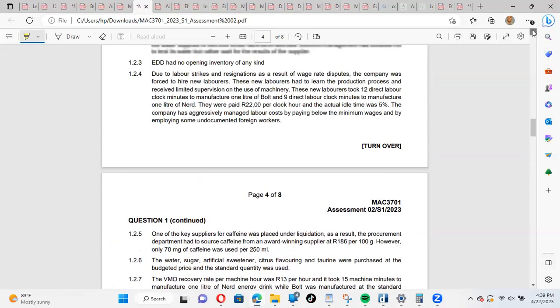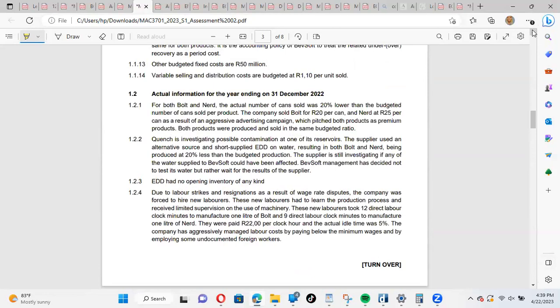We are starting a little bit from the top. So they said they would rather wait. They decided not to test the water and rather wait for the results of the supplier. That's my opinion anyway.